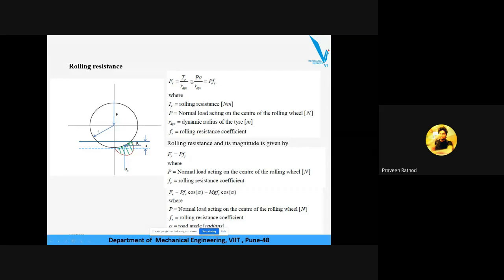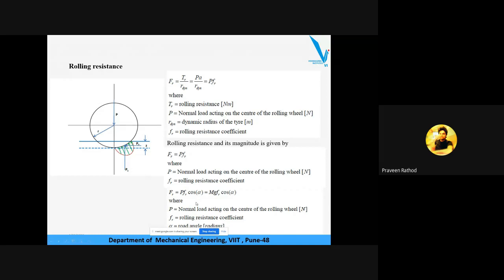So what is Tr? Tr is the rolling resistance. P is the normal load acting on the center of the rolling wheel. R dyn is the dynamic radius of the tire. Fr is the rolling resistance force, and fr is the coefficient of rolling resistance. The rolling resistance magnitude is given by Fr is equal to P into fr, where P is the normal load acting on the vehicle at the center of the rolling wheel and fr is the rolling resistance coefficient.